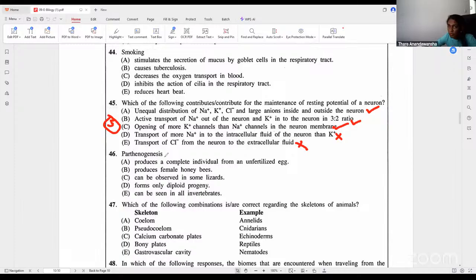Wait, parthenogenesis. Parthenogenesis is seed development without fertilization. What I said is correct.